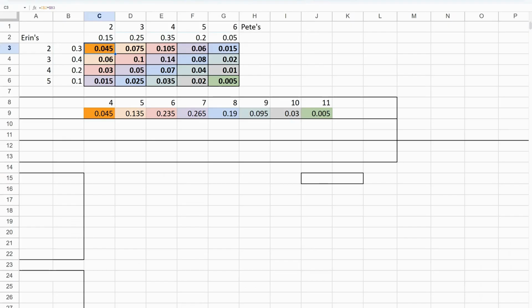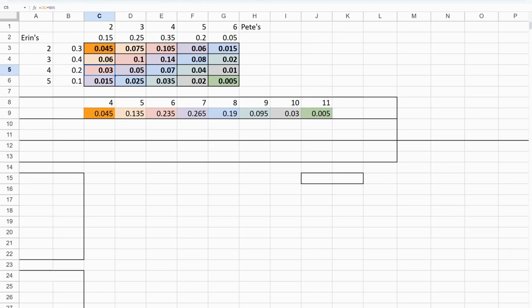All the places where there's this light pinkish orangish color, those are the two ways to get fives, and they total up there. The three ways to get sixes are in that next diagonal, and so on and so forth. So that's how I finished off doing those.